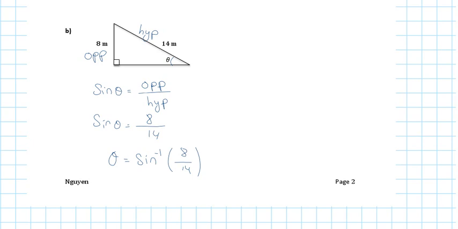On the calculator you should have the shift button or second button and sine. It's like squaring, where the opposite operation is square root. So do 8 over 14, equals, and second. Angle to the nearest degree, so that's going to be 35.